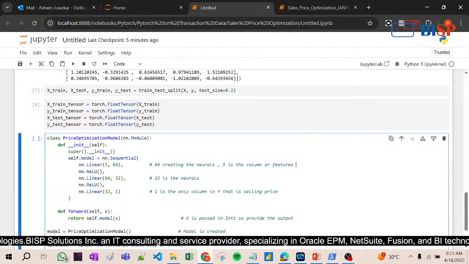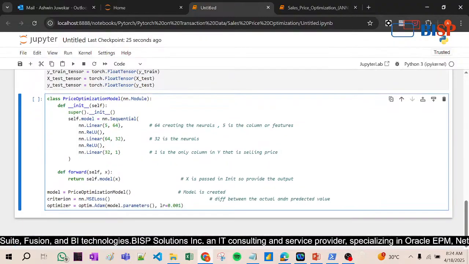So this is how 64 is the number of neurons on the basis of which it will be evaluated. Then the ReLU function will be activated. Again, now this 64 is the input and 32 is the other hidden neurons. So it will be evaluated 2 times, and after that finally one is the dependent variable that we will provide. 1 is the only column in Y, that is selling price.